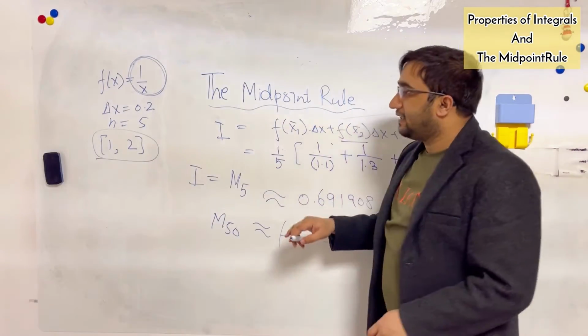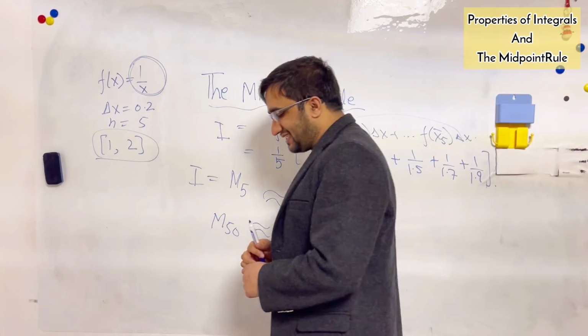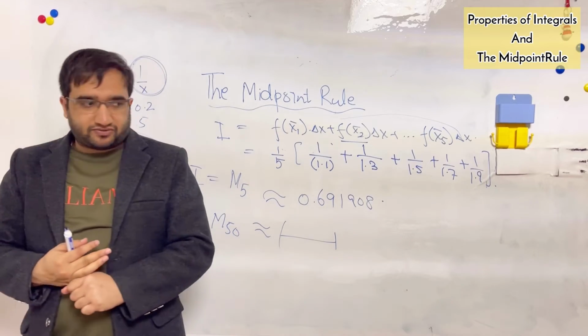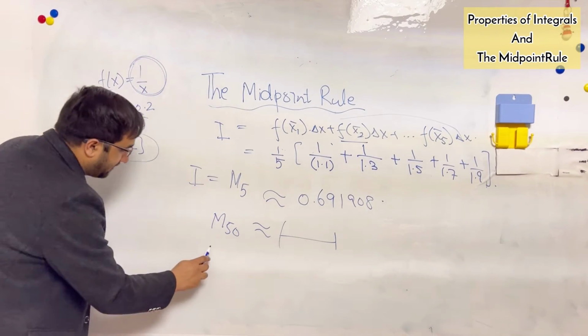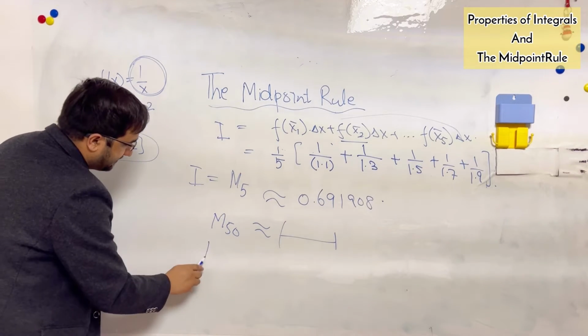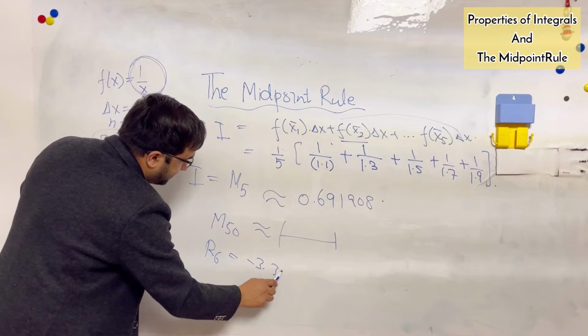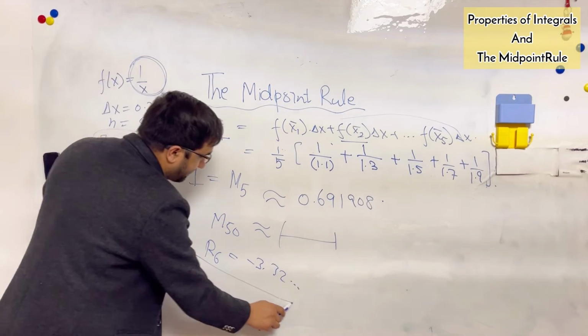Now you can apply the same midpoint rule to the question from yesterday, which when you solved it using the right endpoints, you said R6 was something minus 3.32, something like this. We did this.